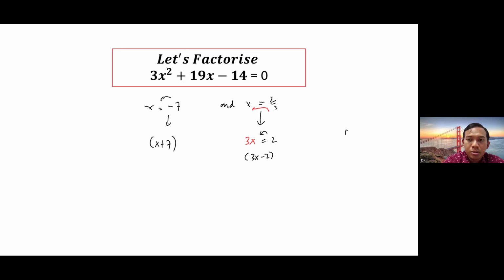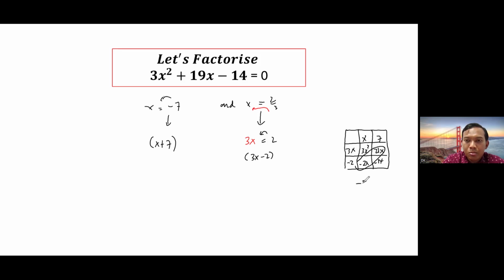Again, as usual, don't forget your multiplication frame. x plus 7, 3x minus 2: 3x squared, 21x, minus 2x, 7 times minus 2 gives minus 14, and then don't forget your diagonal.